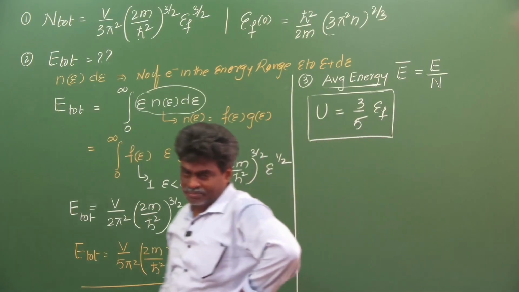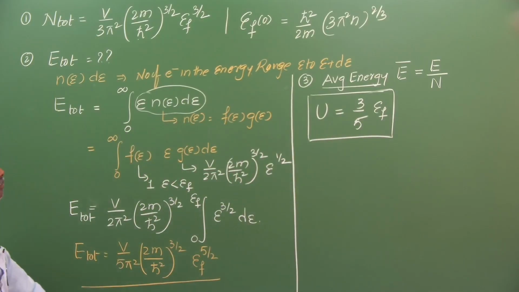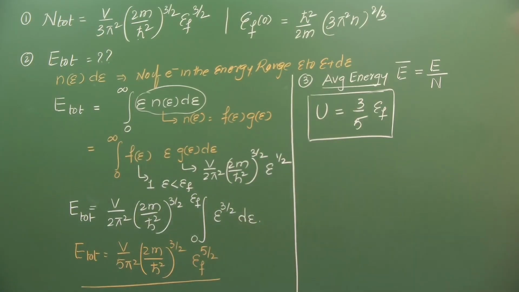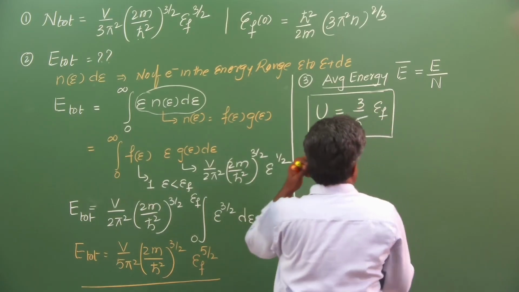All of you got this? So U equal to 3 by 5 EF.